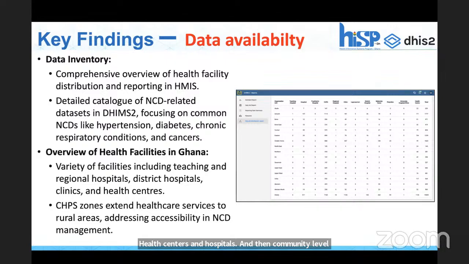We also have a mix of reporting of data into the HMIS that includes non-communicable disease.